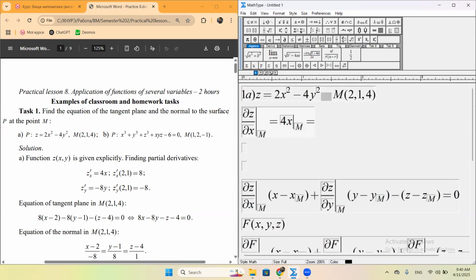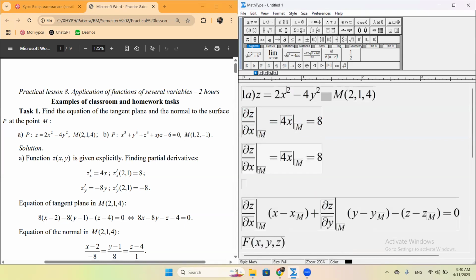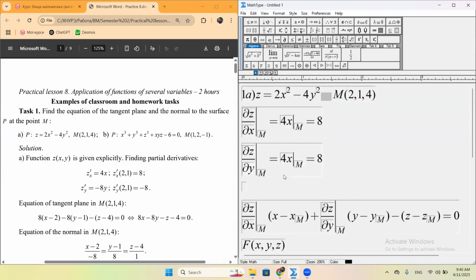So it will be equal to 8. Analogically, the derivative by y is minus 8y, and it will be equal to minus 8.